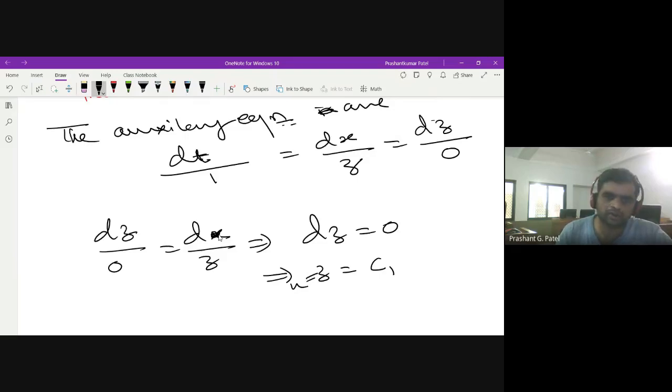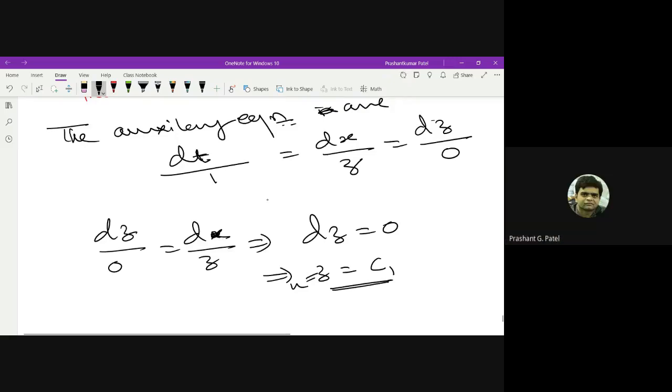Now for the second equation, I need to calculate what the second one is. To get the second one, you substitute this value of z equal to c1 into this by comparing these two.